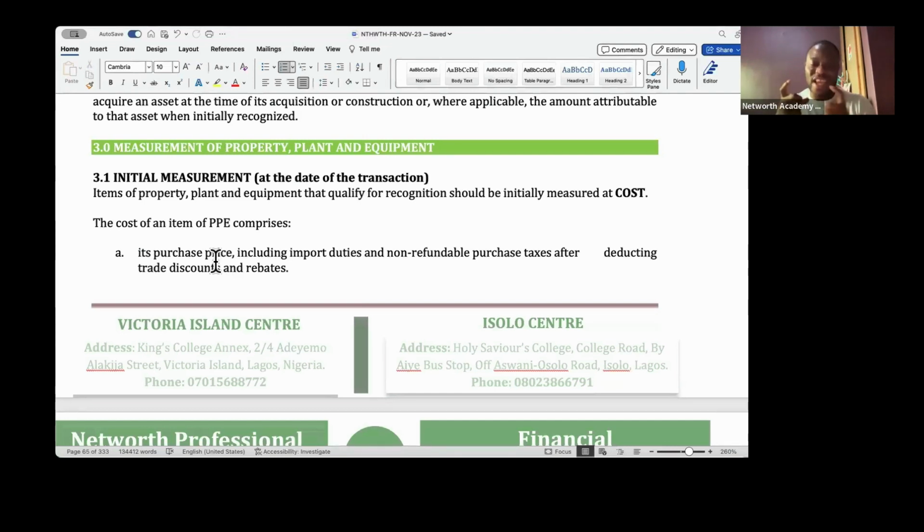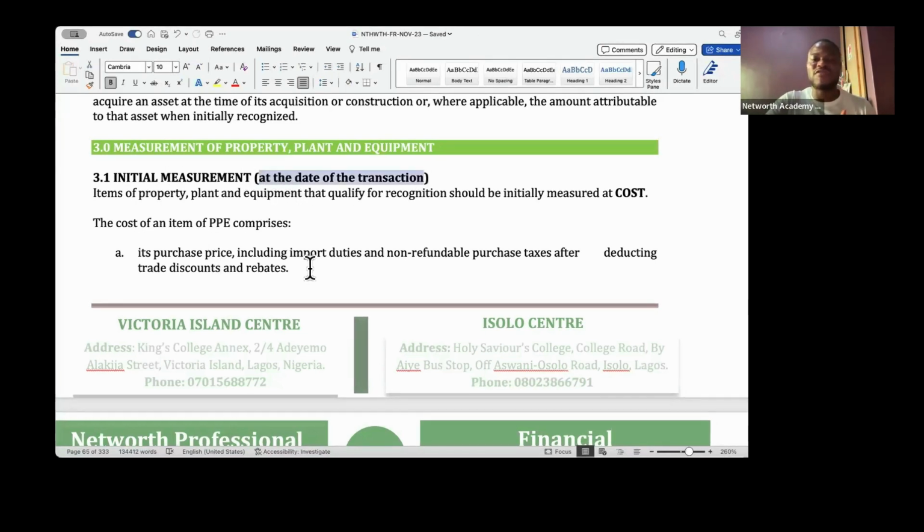When you have an early settlement discount, it works in such a way that they tell you that you will get a reduction in price if you pay within 30 days. It is majorly a reduction in price you get for prompt payment.